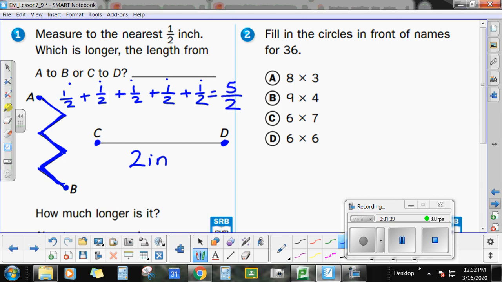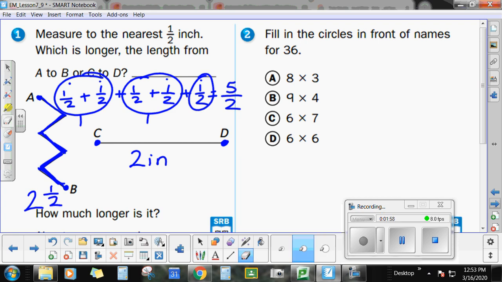Remember, numerator is bigger than the denominator, so that's more than a whole. We put 1/2 and 1/2 together, that equals 1 whole. 1/2 and 1/2, that equals 1 whole, and then another half. So this line segment is 2 whole inches plus 1/2 of another inch.